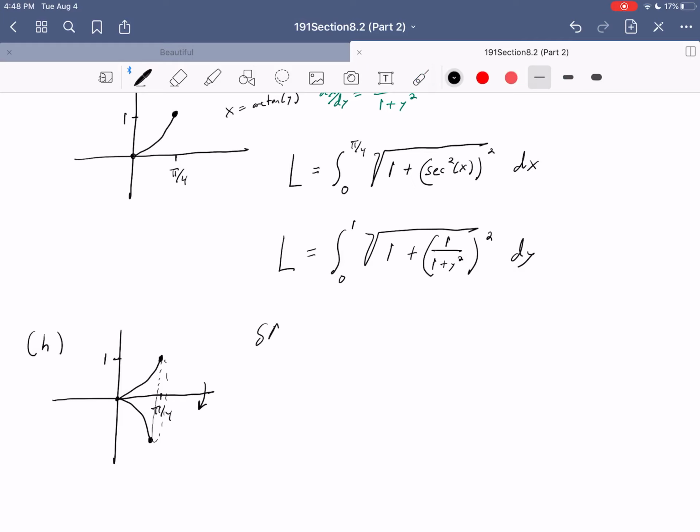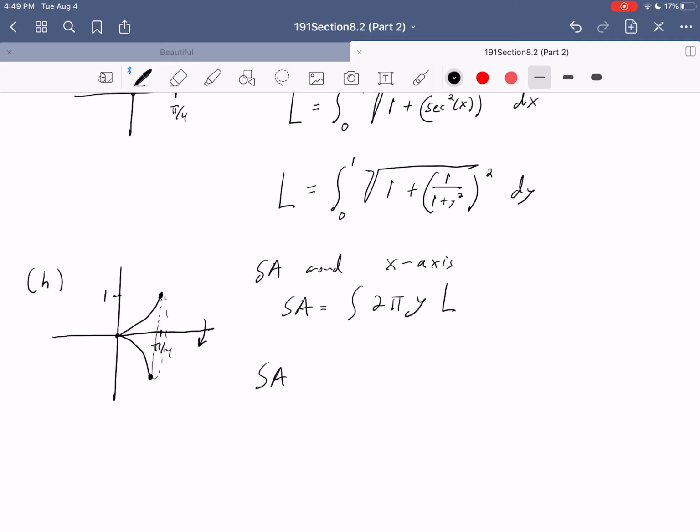Since we have surface area around the x-axis, remember the general formula is going to be 2 pi, and the radius is going to be measuring that vertical distance, so 2 pi y times the arc length. If we work with respect to x, we'd have 0 to pi over 4, then 2 pi.